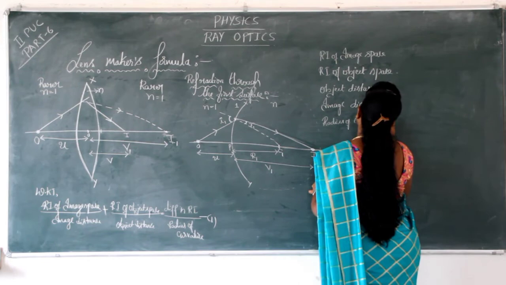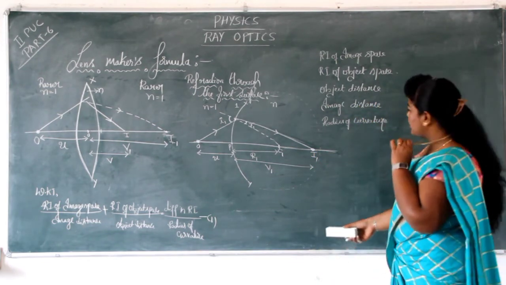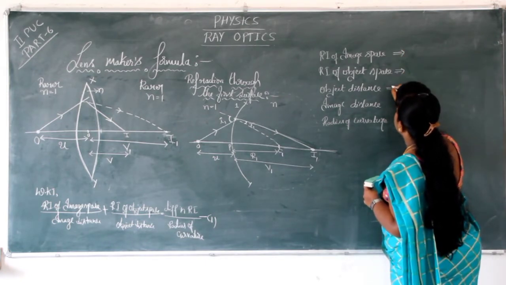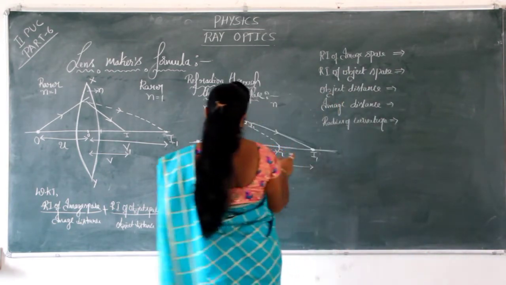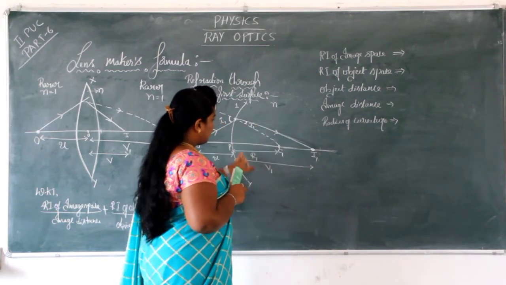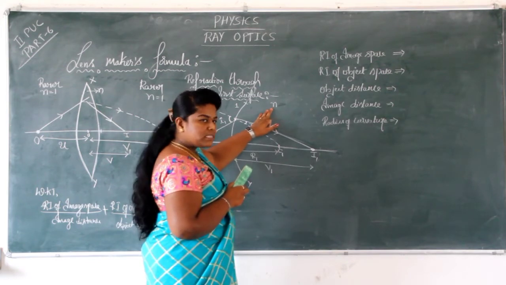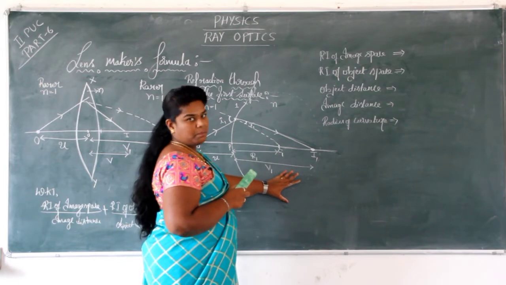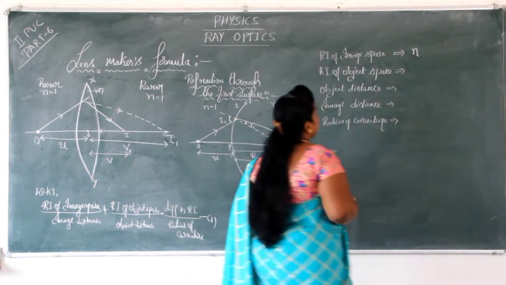Now for the first surface, you can observe the refractive index of the image space. Image is here, it means the image is inside the glass medium. This is the refractive index of the space where the image is present. That is N.